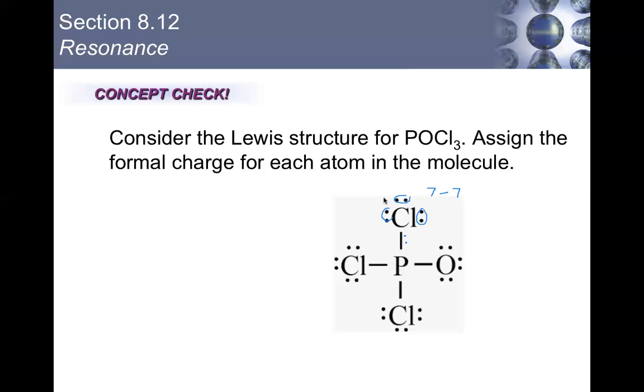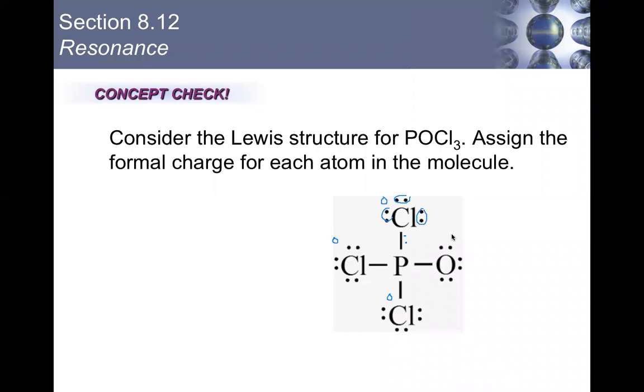So the formal charge on this Cl is 0. Anything different with the next one? No. 2, 4, 6, and 1 of the single bond, so 7. 7 minus 7 is 0. Same for the other chlorine.